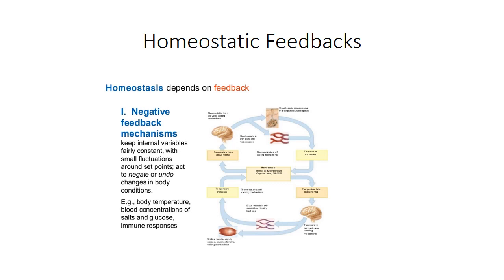Like the example again about the blood sugar. When blood sugar increases, then negative feedback mechanisms put it down. When your body temperature increases, the feedback mechanisms again put it down.